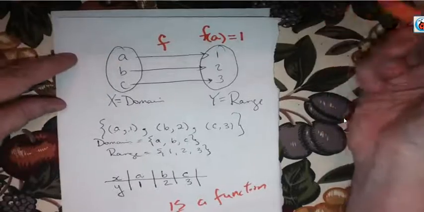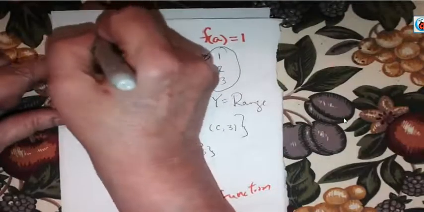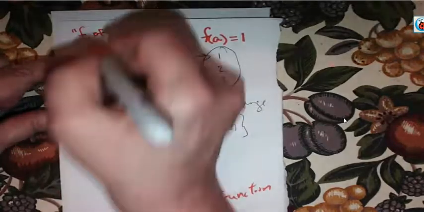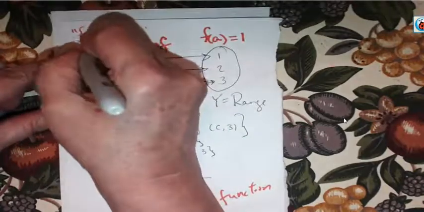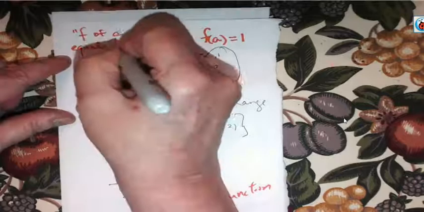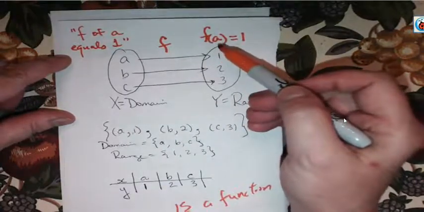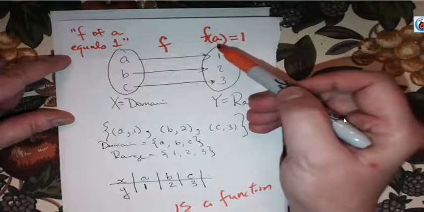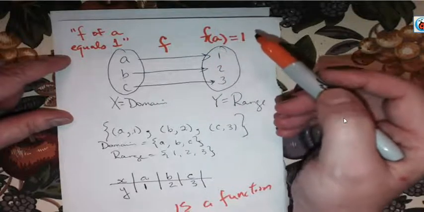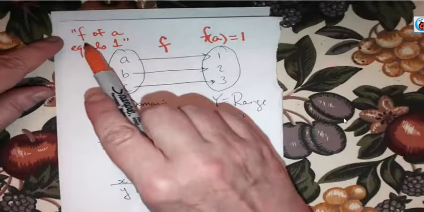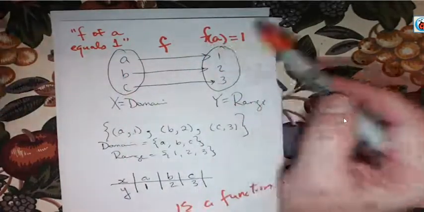And so this is pronounced f of a equals 1. So that is not a multiplication. That is not f times a. It's f evaluated at a equals 1. The shorthand way to say that is f of a equals 1, but it means f evaluated at a equals 1.